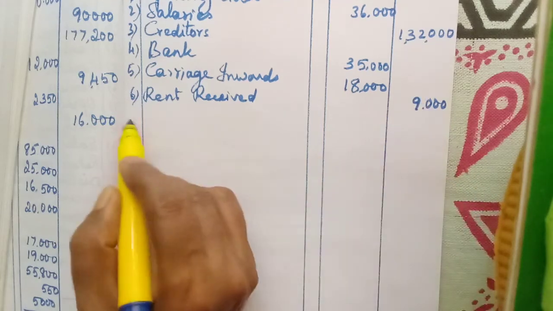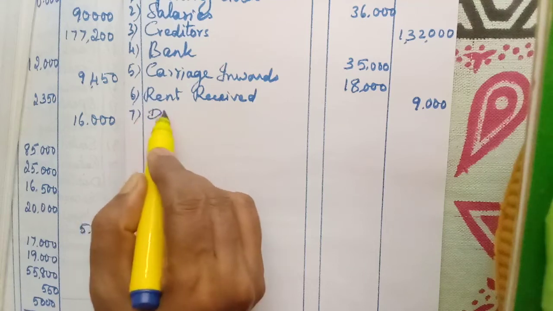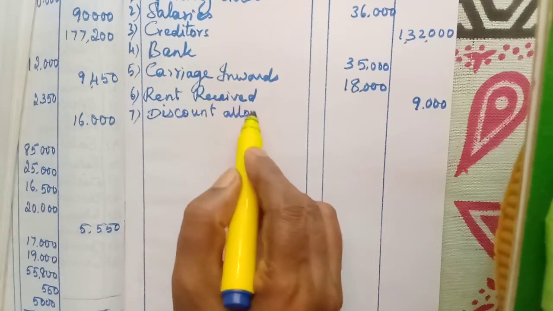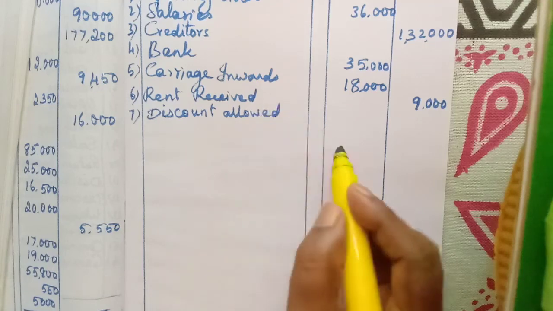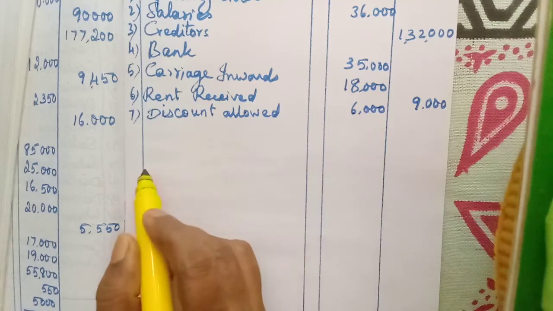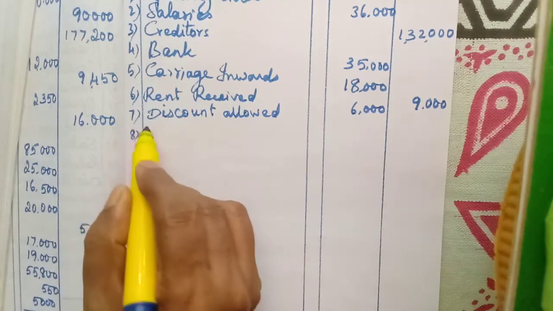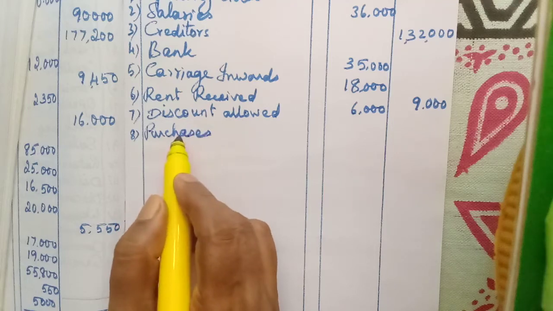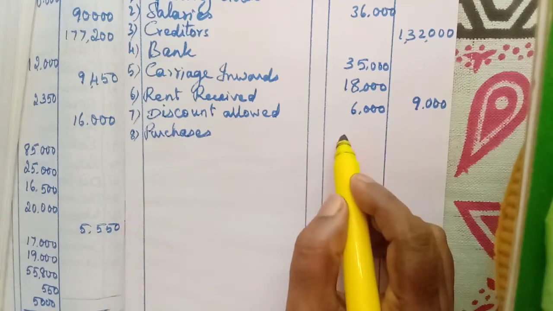Then discount allowed. Discount allowed is a loss. So debit 6,000. Purchases. It is also one expenses. Debit purchases 3,48,000.